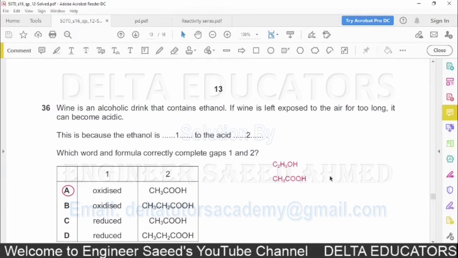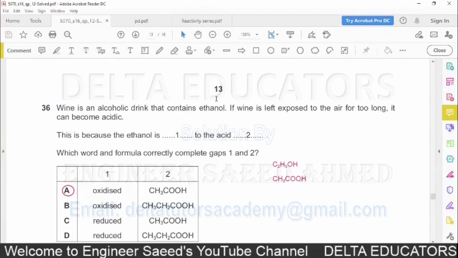Now when ethanol is converted to ethanoic acid, one oxygen is added. Here we have one oxygen and in the acid we have two oxygen, and gain of oxygen is called oxidation. So we can say ethanol is oxidized to the acid. Oxidize is given in A and B, so possible options are A and B.